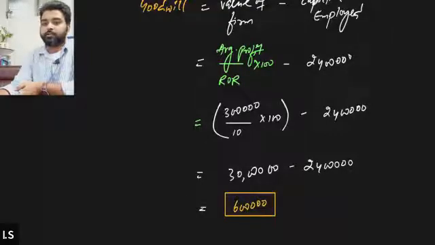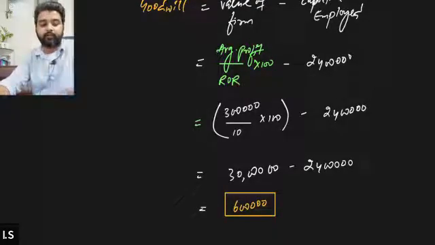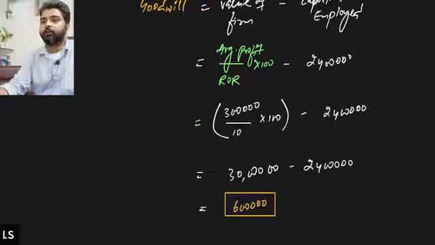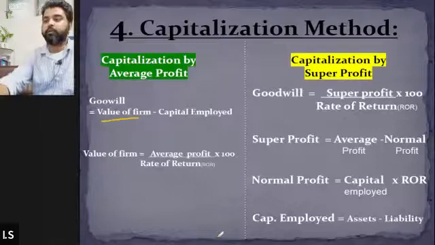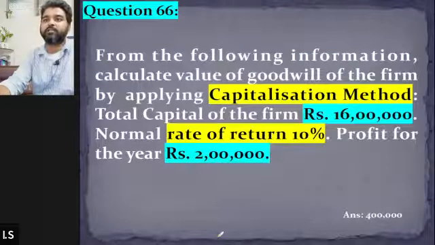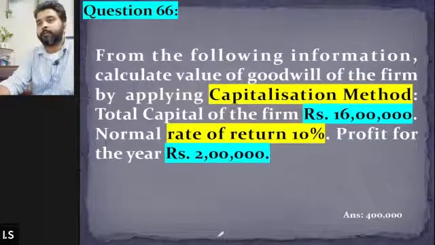Okay, so guys, just do one more thing. Let's also calculate the value of the goodwill by the capitalization of the average profit method for question number 66 that we skipped in the last session. In this question, we need to find out the value of the goodwill.